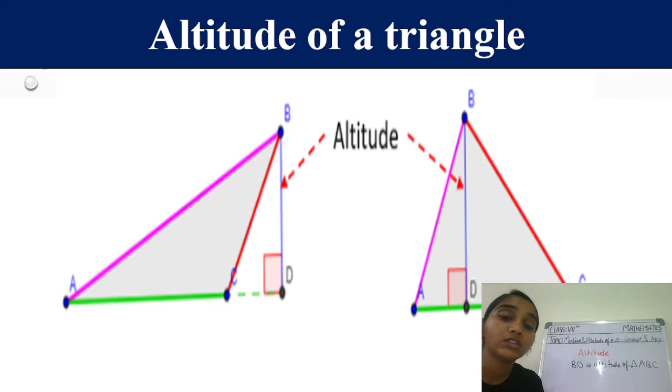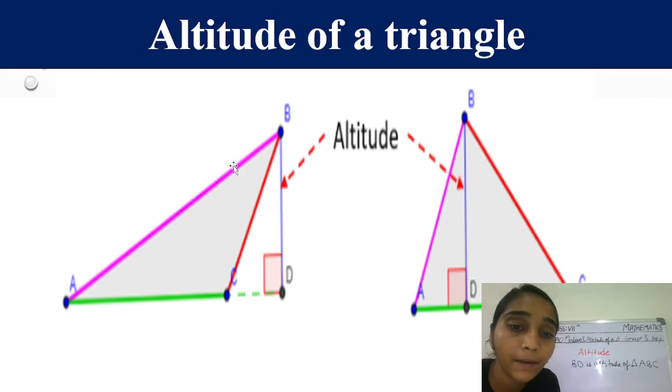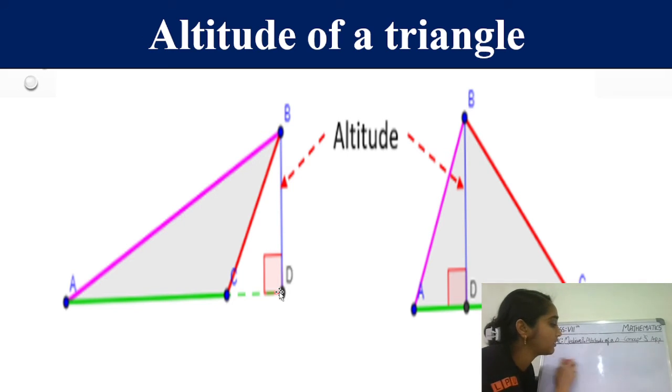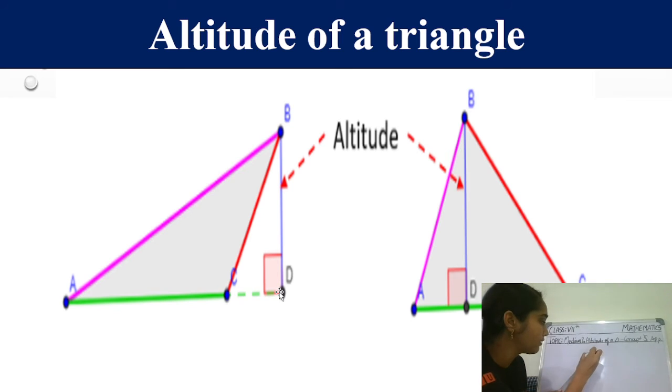No, students, both ways of drawing the altitude of this triangle are correct, because we measure perpendicularly. If we put any line perpendicular to the base, opposite to that vertex, we will still get the altitude. Okay, let me draw a triangle for you and explain it further with the help of the diagram which I am drawing.